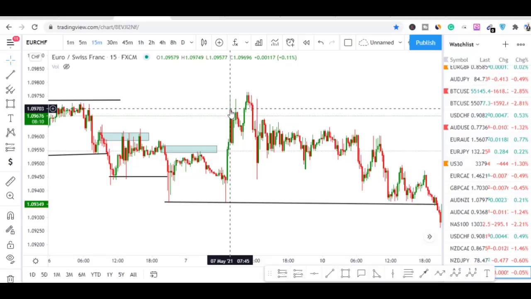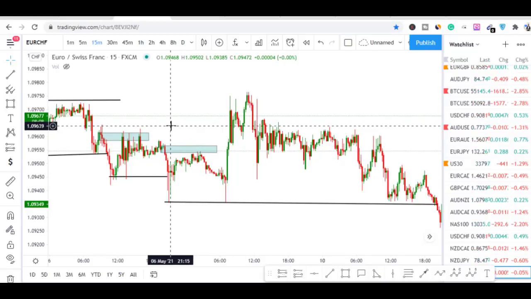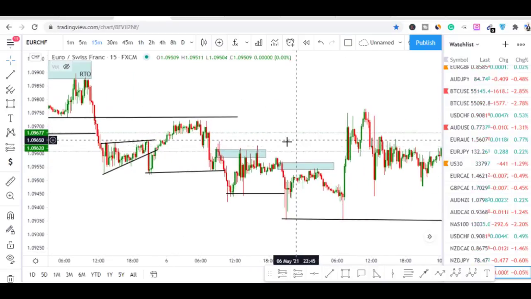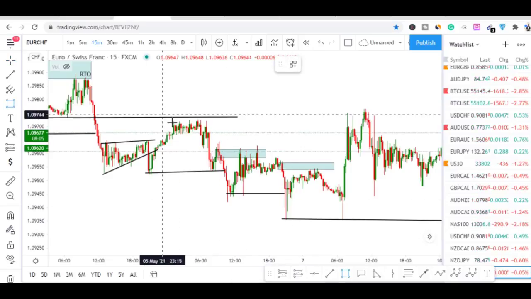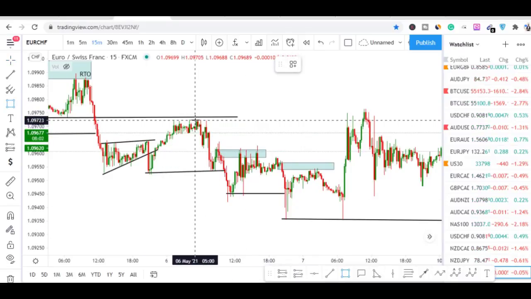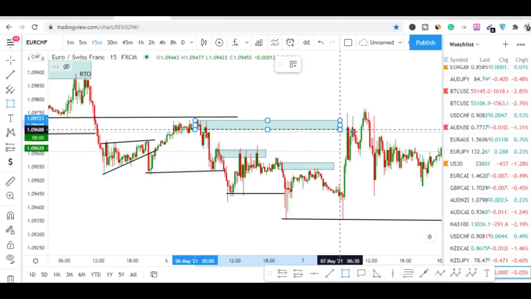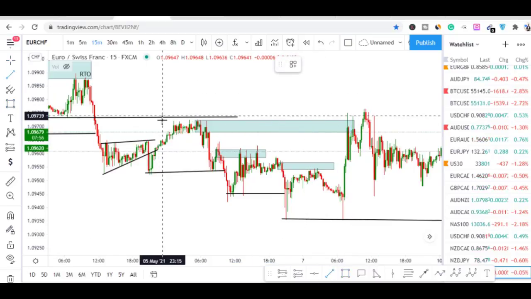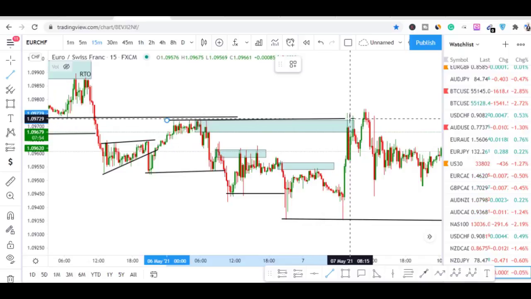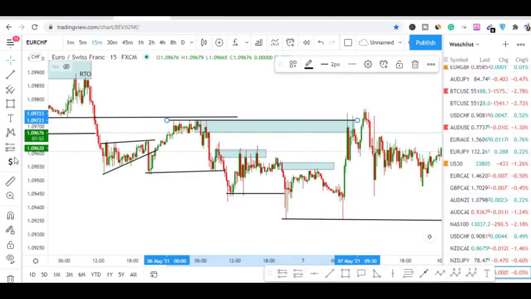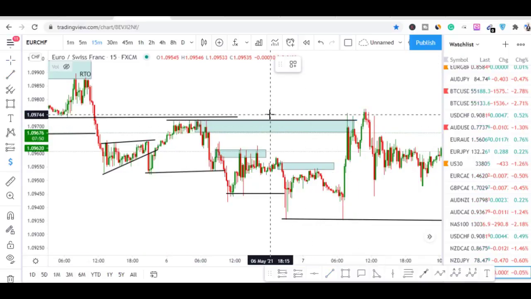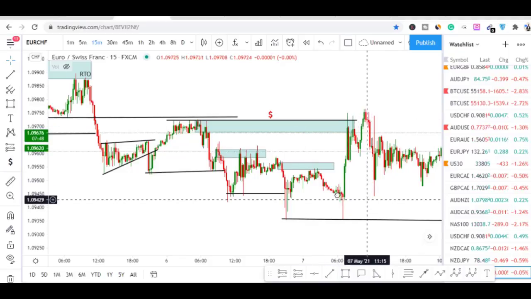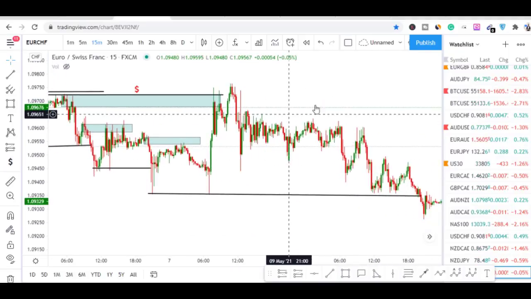You can see it broke this structure right there, and it respected this order block. Price took out some liquidity at this point, and what happened? It began to fall again.